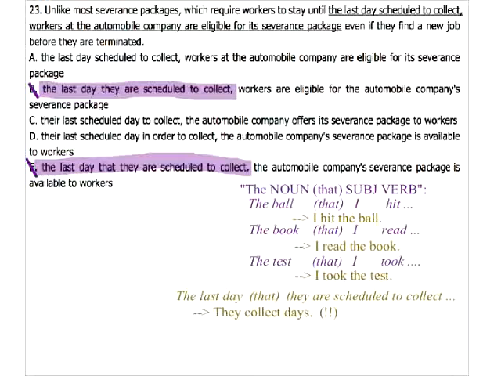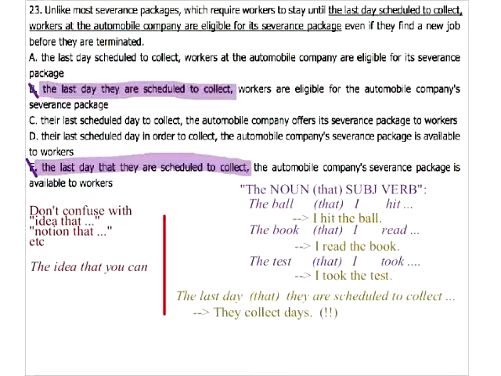One thing you want to be careful of that looks like this but is different is the following. Don't confuse it with idea that or notion that, etc. So if you say something like the idea that you can jump 10 feet in the air is ridiculous.